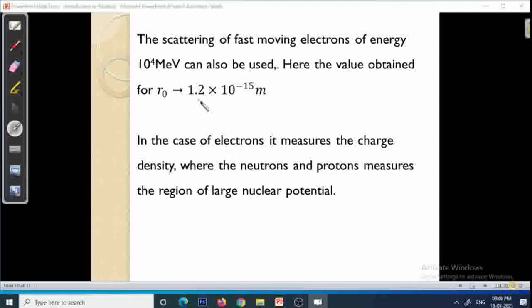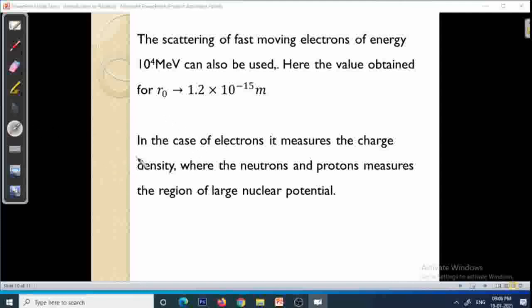So you can see the difference: if you use electrons, the value is 1.2. If you use neutrons or alpha particles, we get the value as 1.3 to 1.4 femtometers.